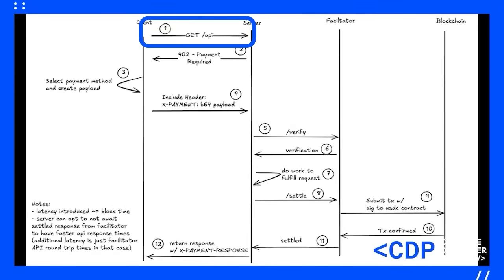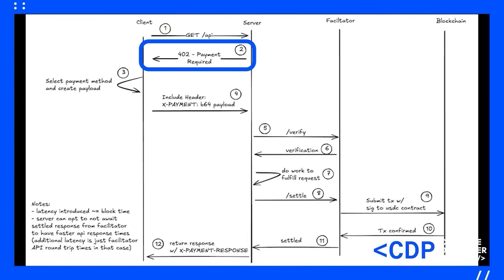So a client comes to a server, and the server responds with a 402 status code saying, hey, I need you to pay me in order to access this content. And along with that 402 status code, it provides what we call the payment requirements. The payment required status code gets activated into an accompanying piece of data that you return with that 402.